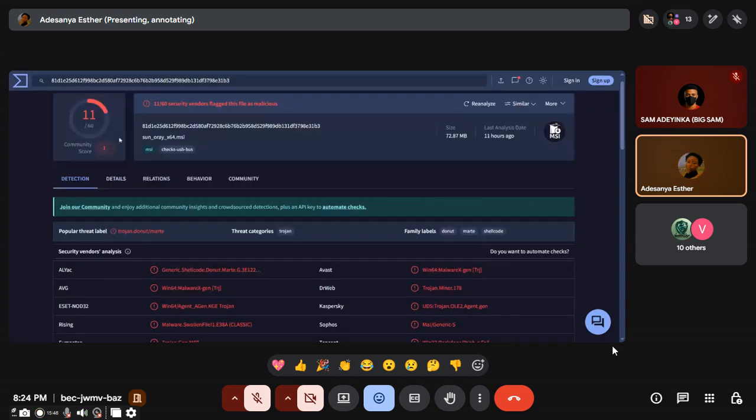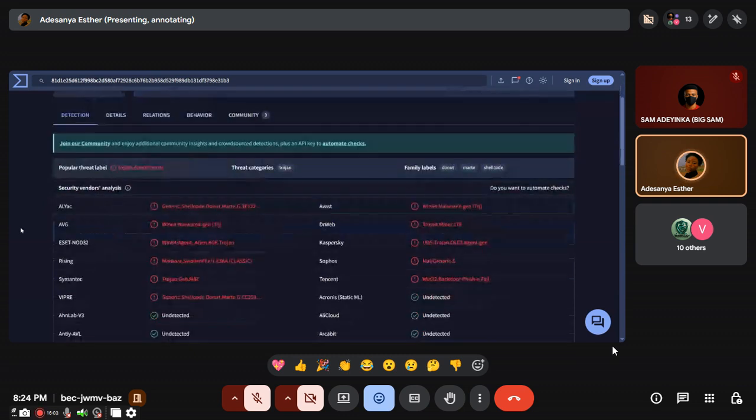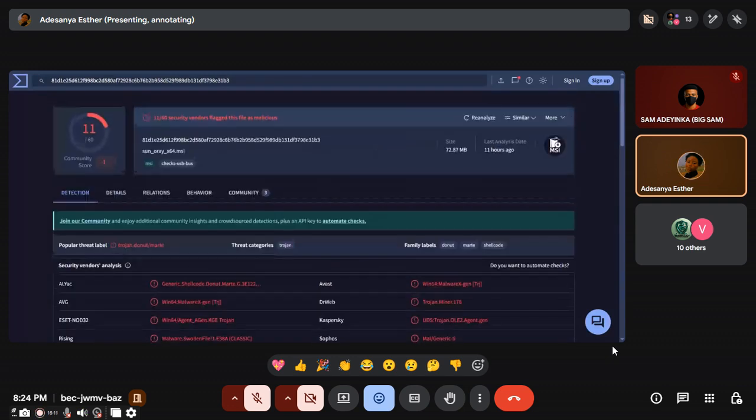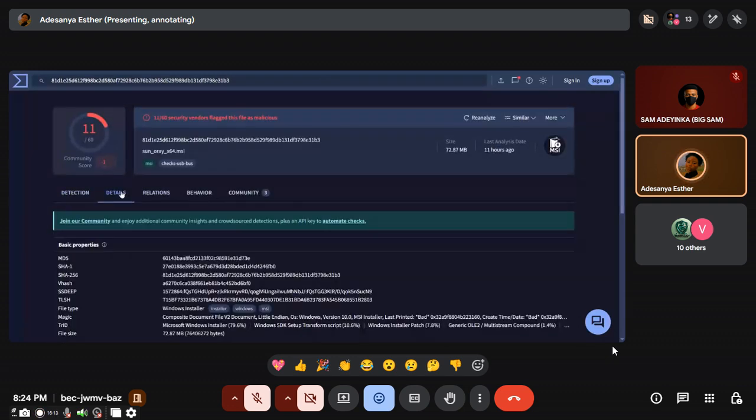So this is another hash. This one has 11 out of 60 vendors that flagged it. Just because the number is low does not mean it is not malicious. You can see the threat categories here, that's Trojan, the family labels too, and you can check for details here.